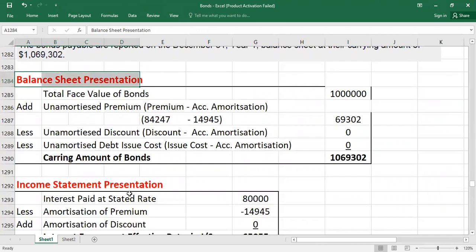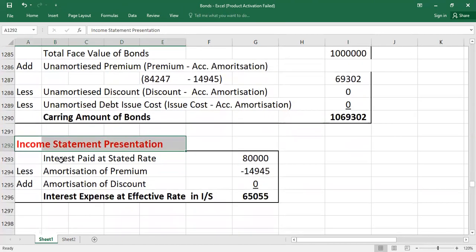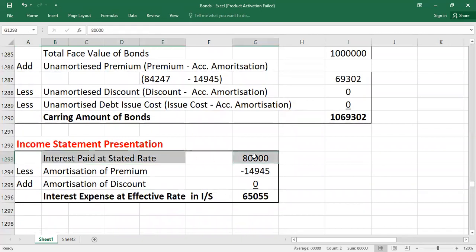Now I'm going to talk about how you will present the data in the income statement. First of all, you will take interest paid at the stated rate, which is the actual interest payment, 80,000. Then you will subtract the amortization of premium. In the first year, we have amortized a premium of 14,945, so you will subtract this value.